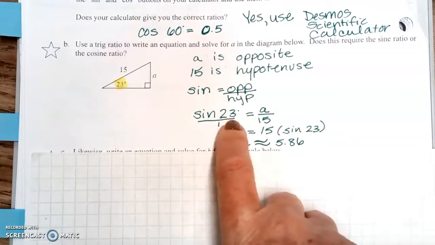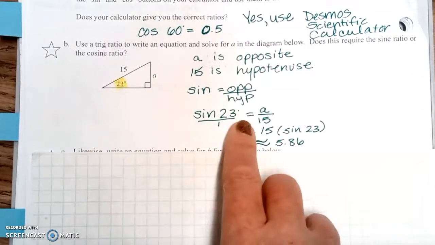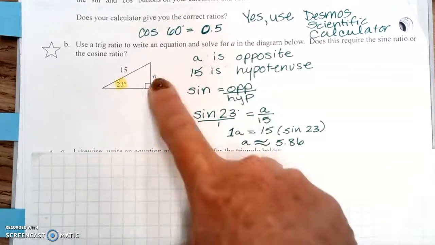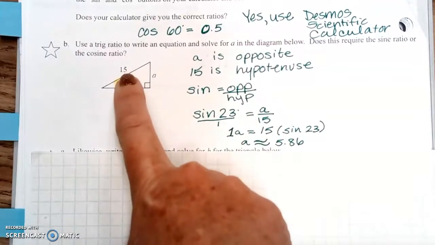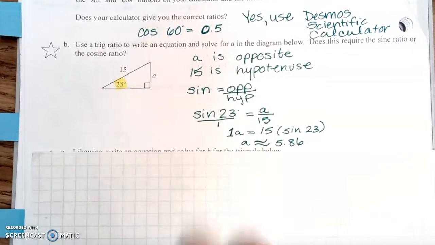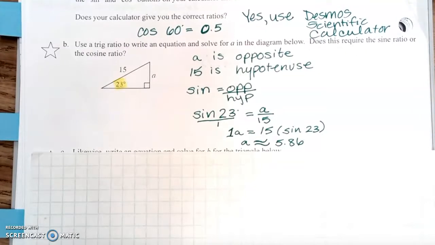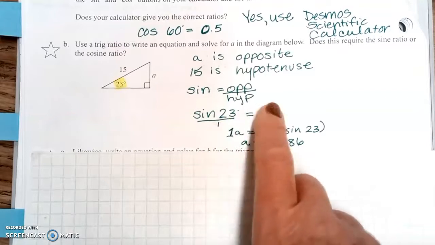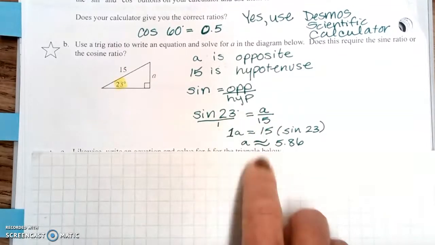We're going to say that the sine of 23 degrees, I just got that measure from right there, is equal to the opposite side, which has an A, over the hypotenuse, which has a 15. And then I make a proportion out of it. If you need to put a 1 in the denominator, put a 1 in the denominator. Then you solve by doing the cross product. 1 times A is just A. 15 times the sine of 23.